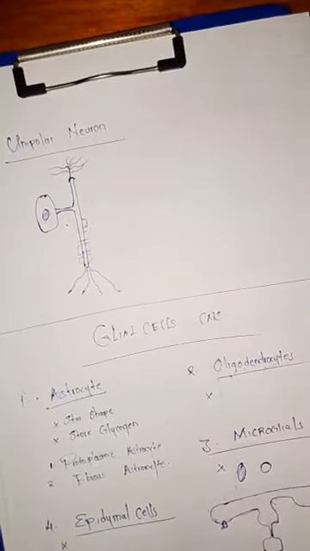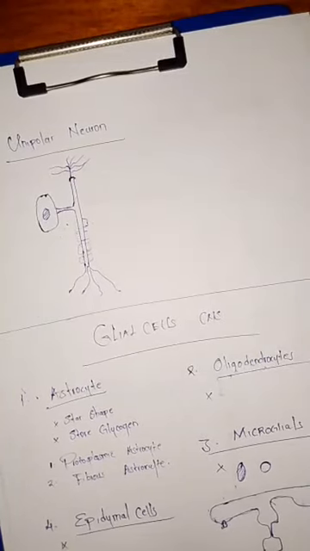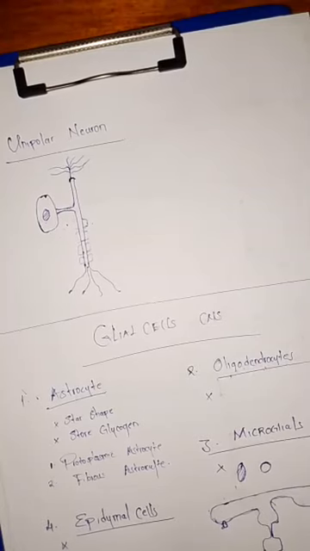This myelin sheath increases the conductivity of the signals transmitted by the nerve cell. Axons that are myelinated are way faster in conductivity compared to those that are not covered in a myelin sheath. That's one of the significances of the myelin sheath, and you're going to know more about it.